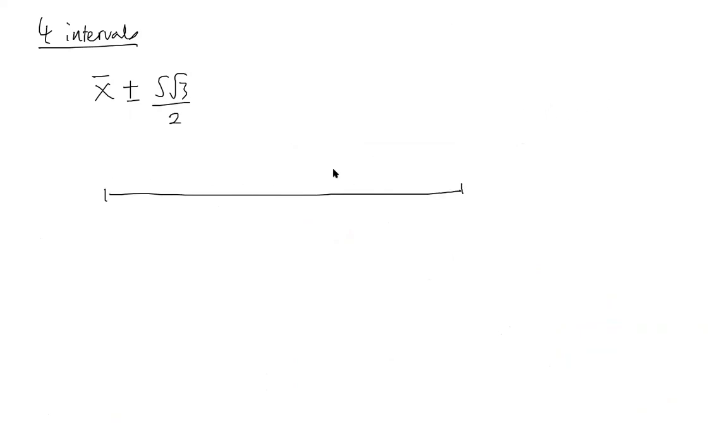So you have 4 intervals, and they are like this: x bar plus minus s square root of 3 over 2. Basically, you have x until here, and this is your x bar.